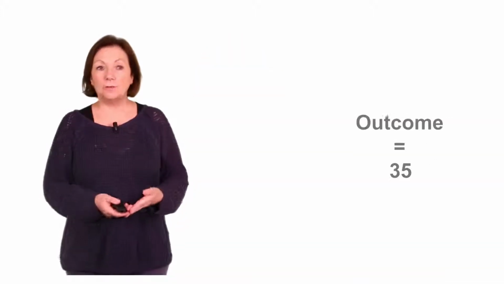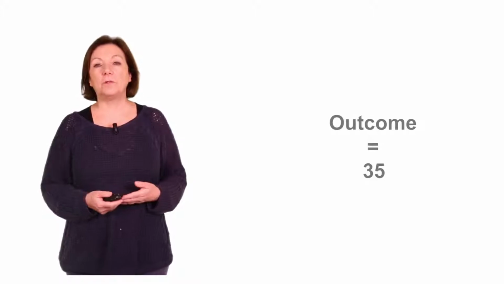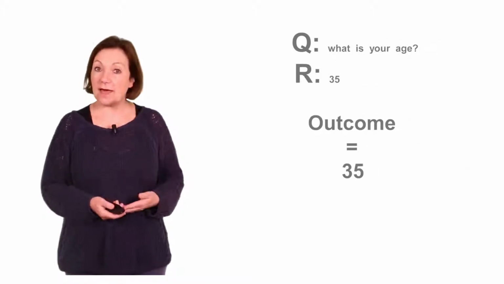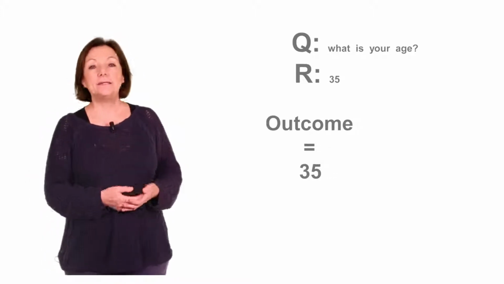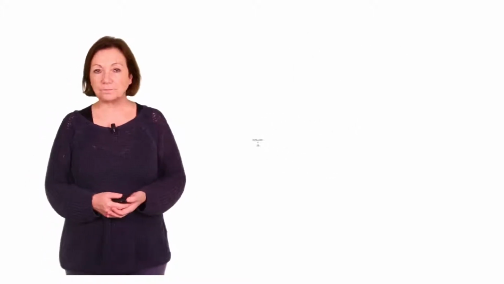So in the example I have just given you for the variable age, a person who is 35 years old, the value, the outcome of the variable age is 35, or the modality, it's the same idea, is 35.